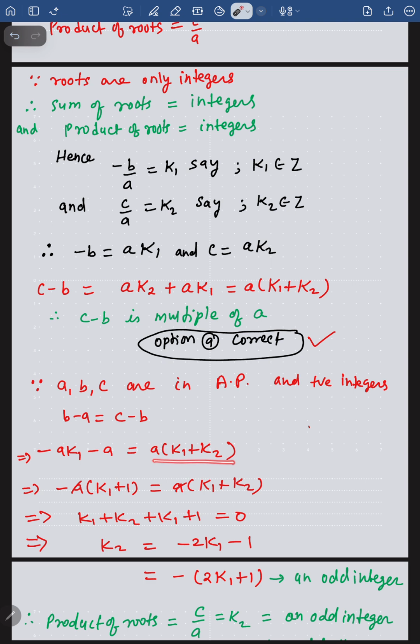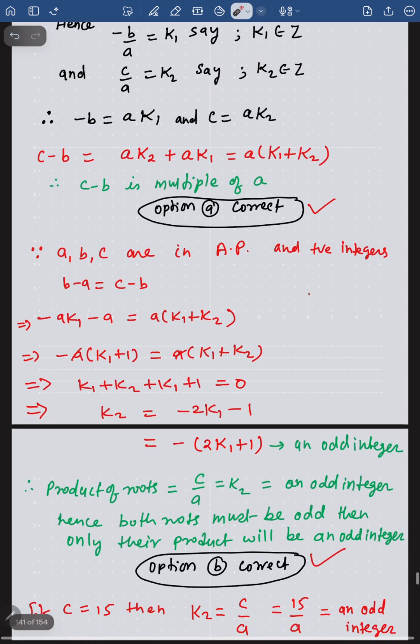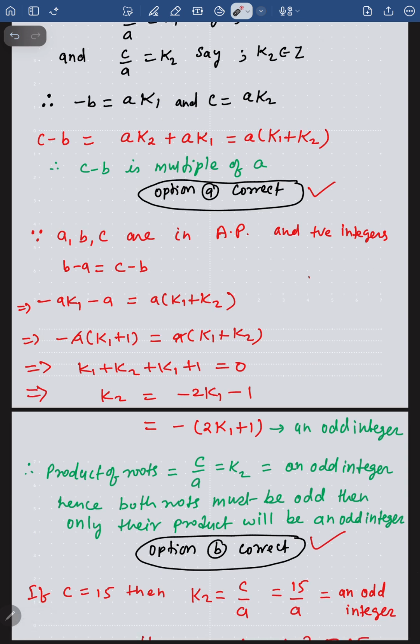Taking a common, a into k1 plus k2, and a and a will cancel. You will get k1 plus k2 plus k1 plus 1 equal to 0. So this will give k2 equal to minus 2k1 minus 1. Take minus common, 2k1 plus 1, an odd integer. Any multiple of 2 plus 1 is an odd integer.